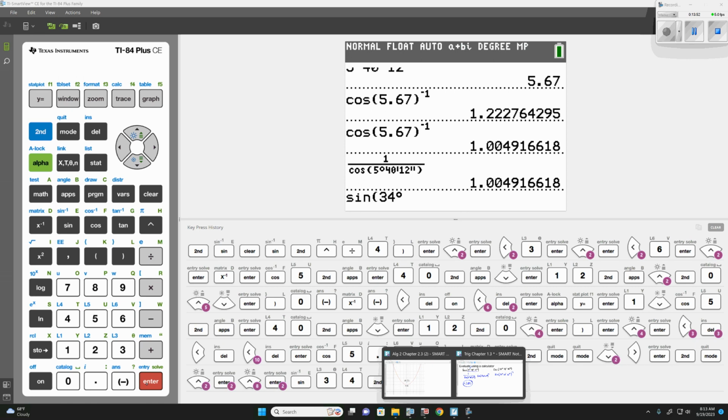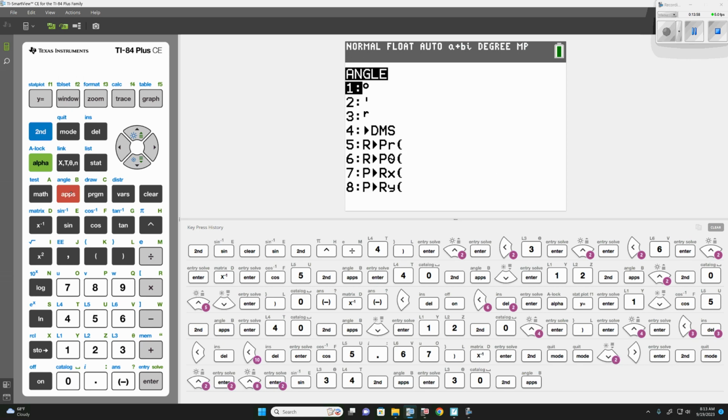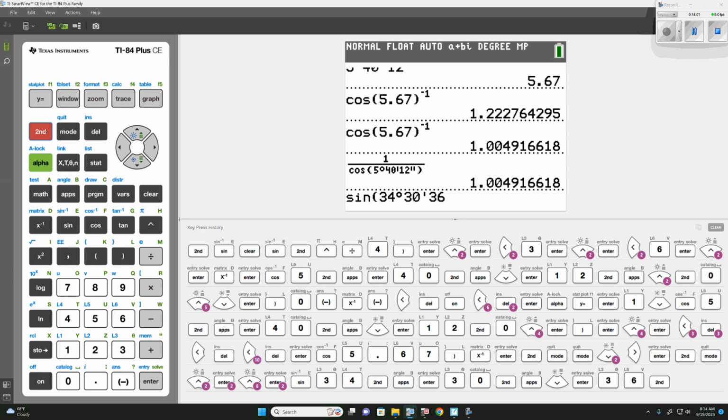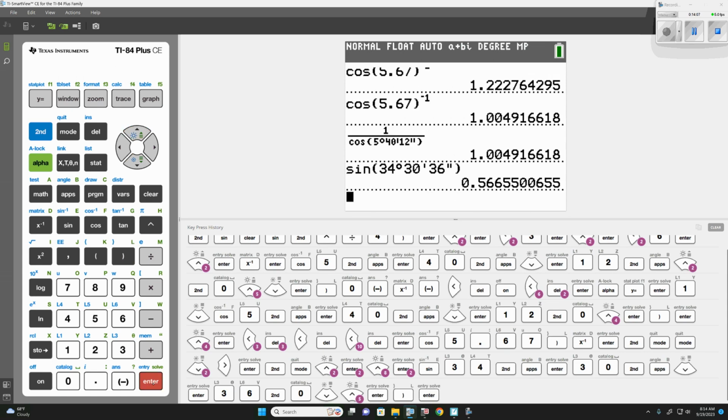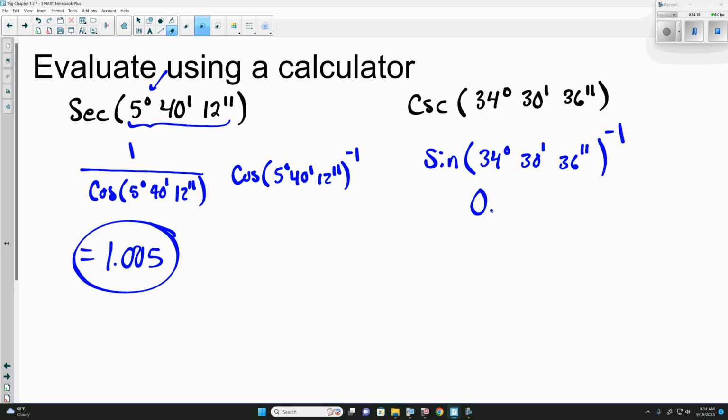Degrees, 30, 36. 0.56655, or we can say 0.5666. That's it. Because we can convert the angle from degrees, minutes, seconds to just degrees, then plug it in, or we can plug it into the graphing calculator as a whole. Any one of these ways works. Questions on any of this here?